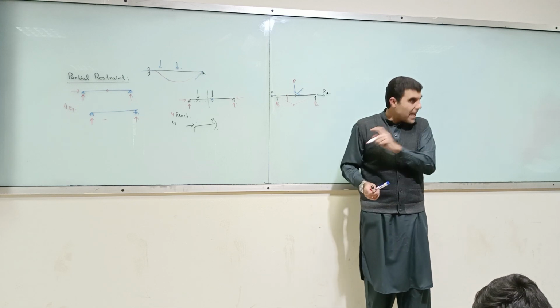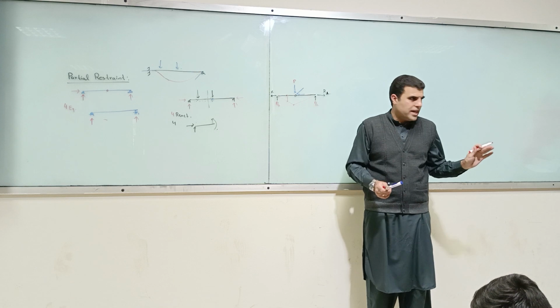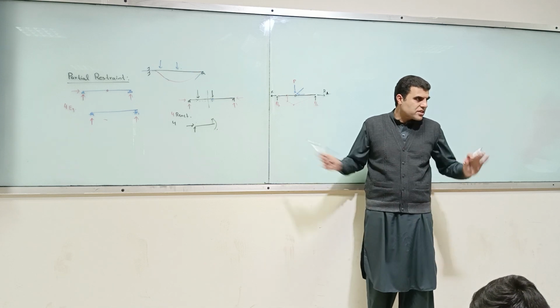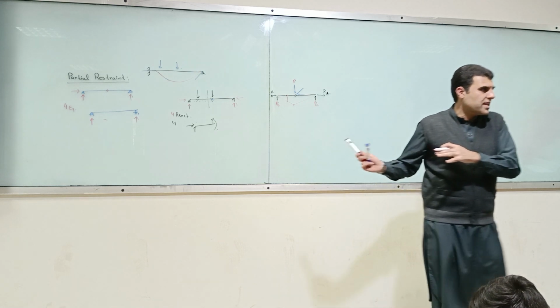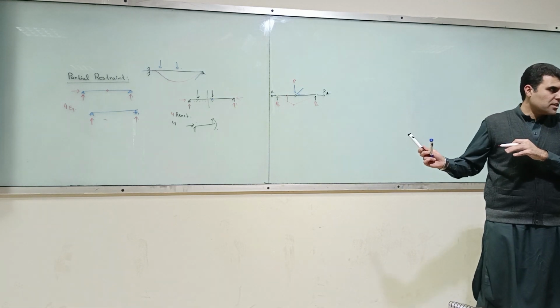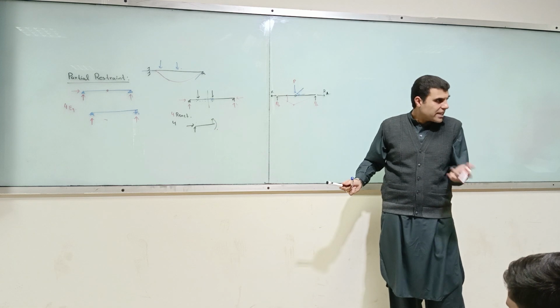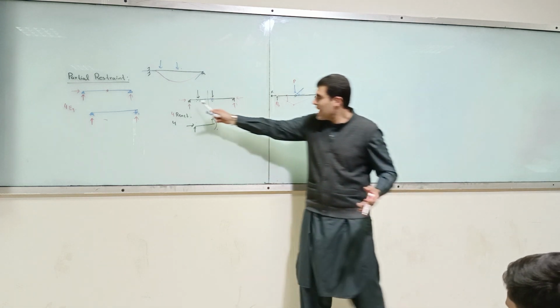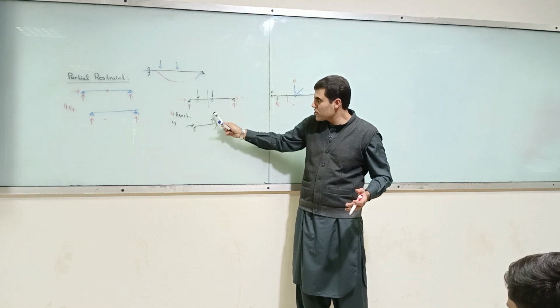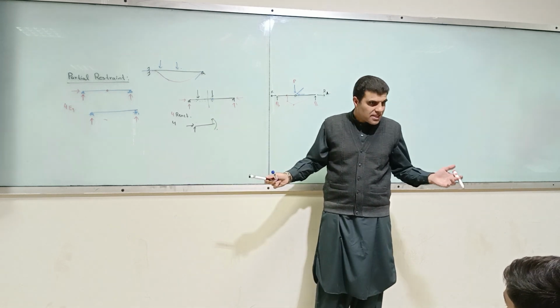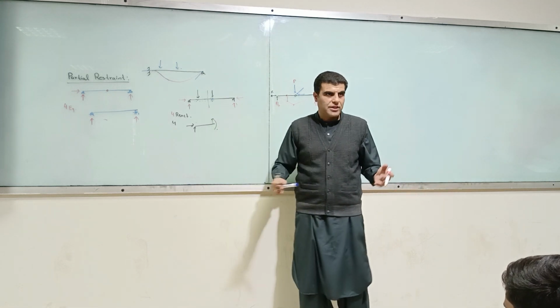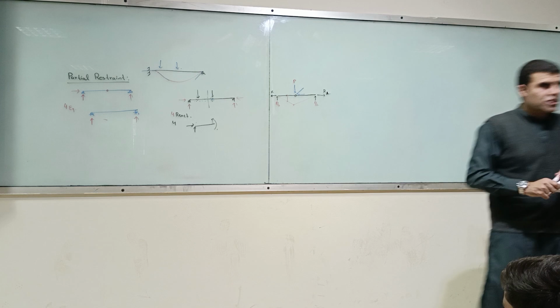If you take this as a small displacement problem, then it doesn't work. You have to go for a large displacement, which is in reality true, because this is like a chain. You put any load on it, the chain will deform, isn't it? These are two links of a chain.